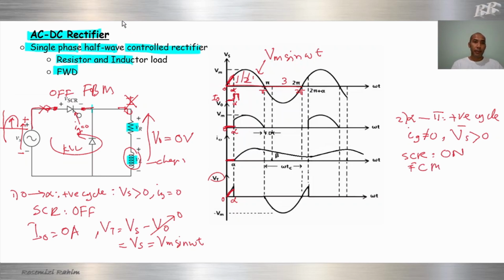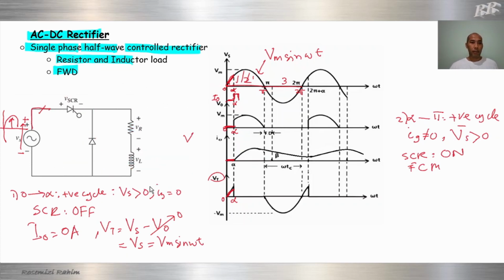Okay, during section 2, the SCR will be on, short circuit. So current will flow from this terminal until the junction.